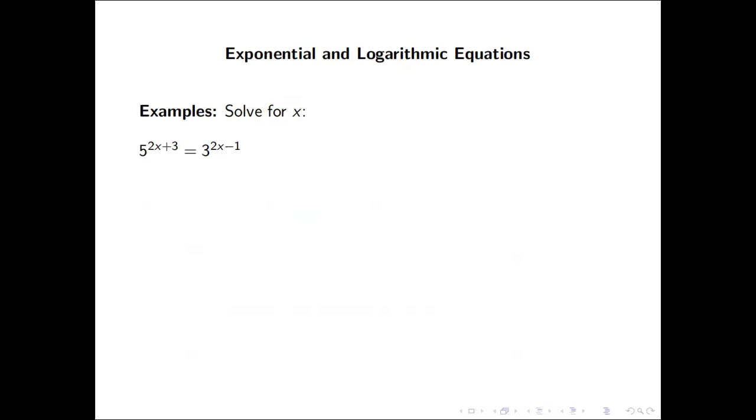We can use the common base. And I believe in high school, you were taught how to solve equations like this by taking the logarithm base 10. But since you'll be needing natural logarithms in your calculus course after, we will be using ln to solve exponential equations, given they are not convertible to the same base.